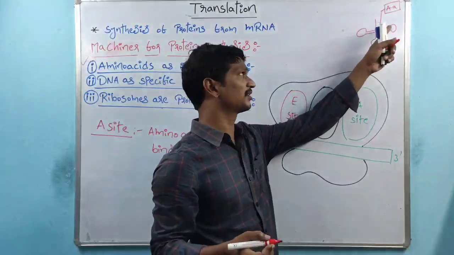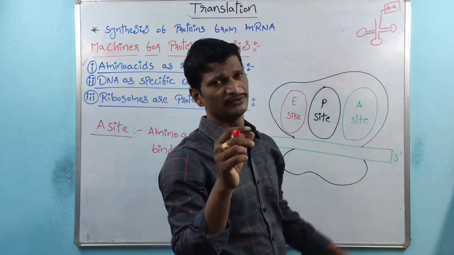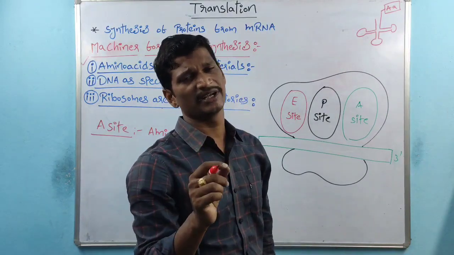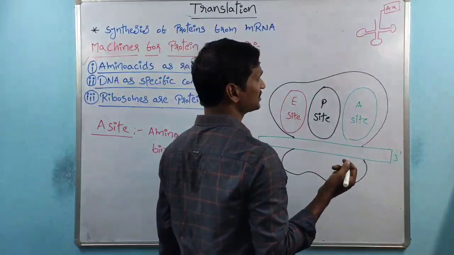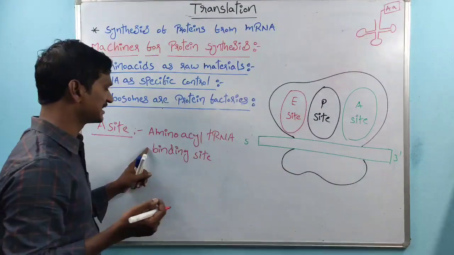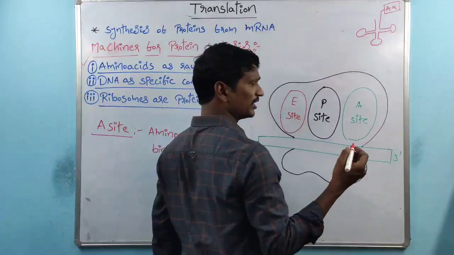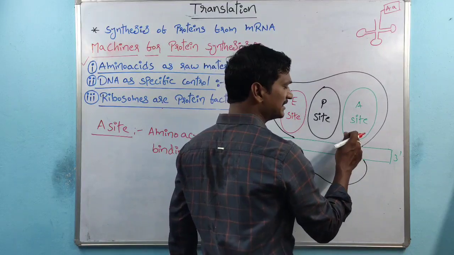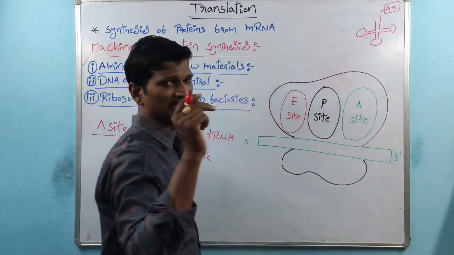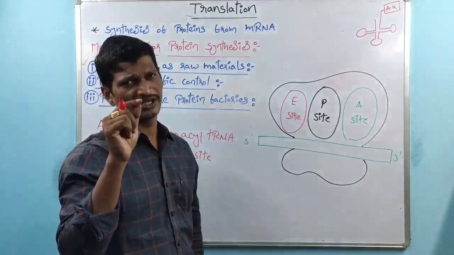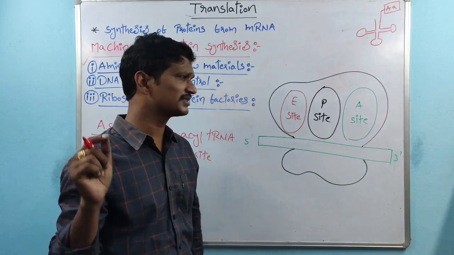If the tRNA is bound with an amino acid, it is called a loaded tRNA, also called aminoacyl tRNA. The aminoacyl tRNA binding site is the very first site, called the A site. A indicates the aminoacyl tRNA binding site.